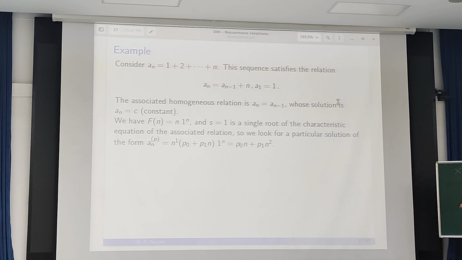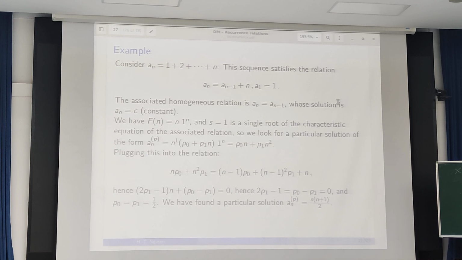Okay? So this is what we do. We replace an here in this relation with P0n plus P1n squared, and we replace an minus 1 with P0(n minus 1) plus P1(n minus 1) squared. So we have this, okay? And now the remark is that this must be true for every n, because it is the definition of our relation.